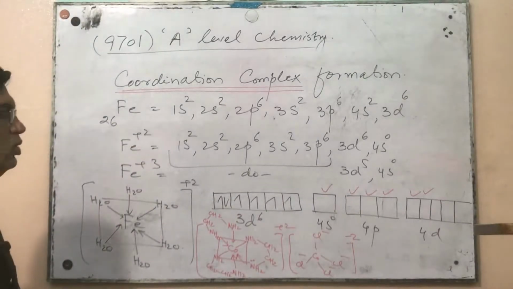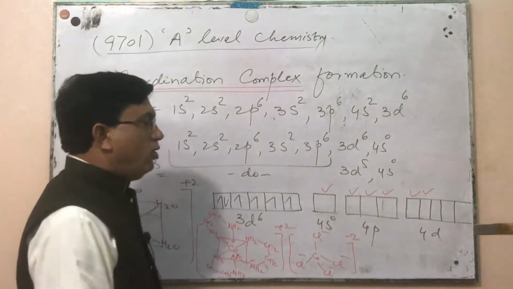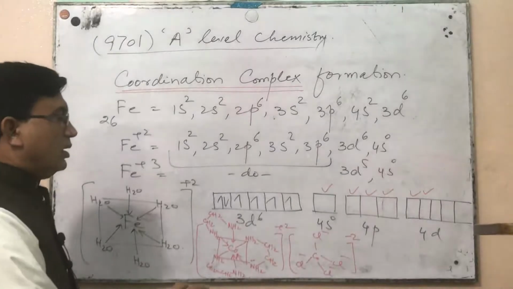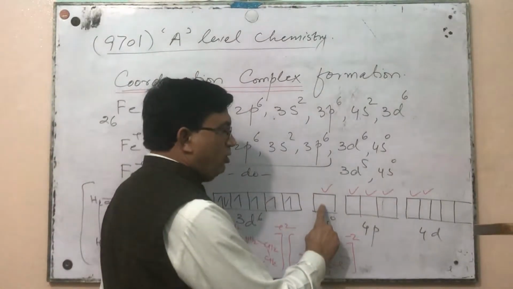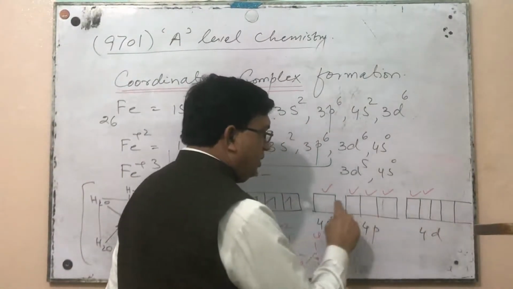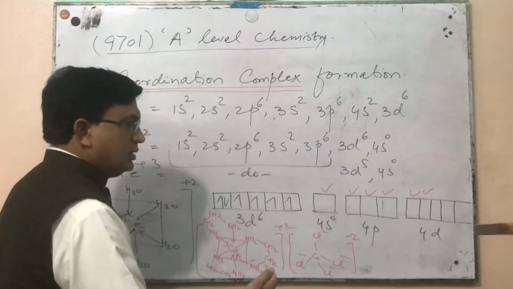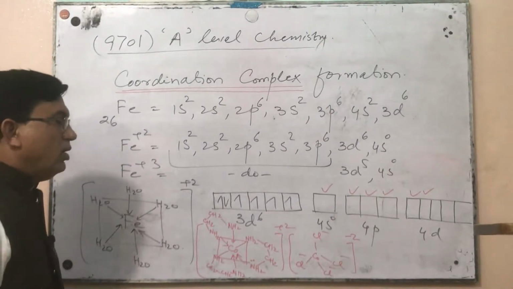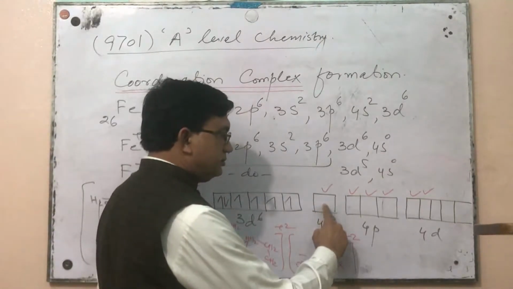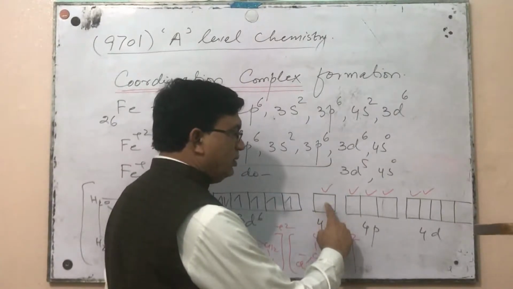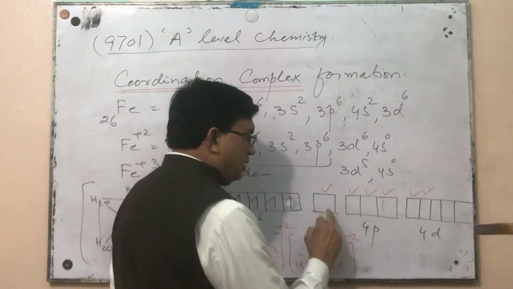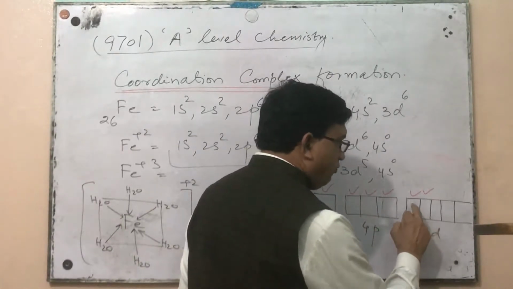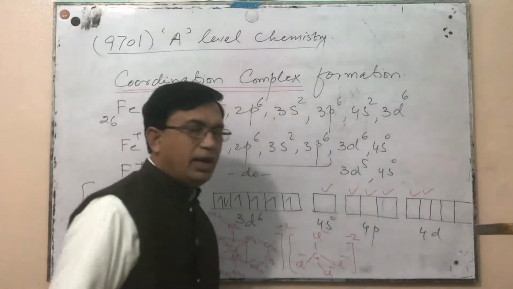Now, how will the coordinate covalent bond be formed by the ligands with the central metal ion? The coordinate covalent bond will be formed using all the empty orbitals which are present in the central metal ion. For example, from here 2 electrons have been removed, so the 4s, 4p (3 orbitals) and 4d (5 orbitals) are empty.